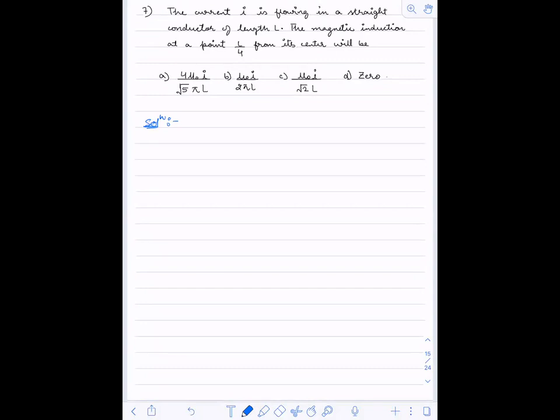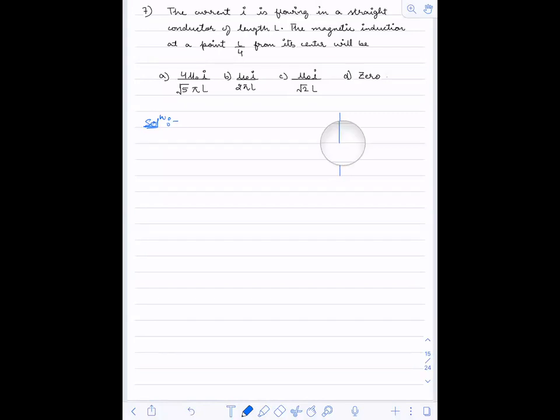Let us solve this question. The current I is flowing in a straight conductor of length L. The magnetic induction at a point L by 4 from its center will be. So actually the case is this.